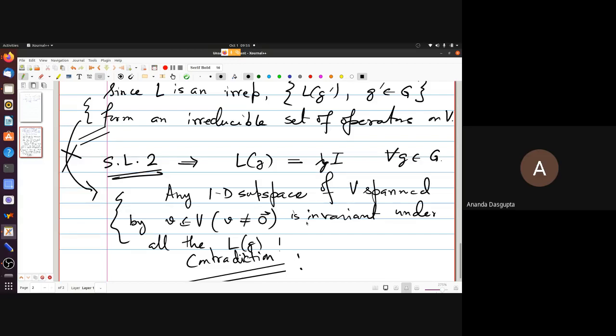What we have done is we have found one vector space, the space spanned by small v, which is invariant under all the LGs. And that is impossible because it goes against the definition of what an irreducible set of operators is. Is that okay?